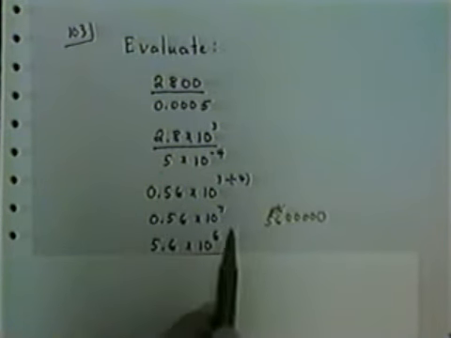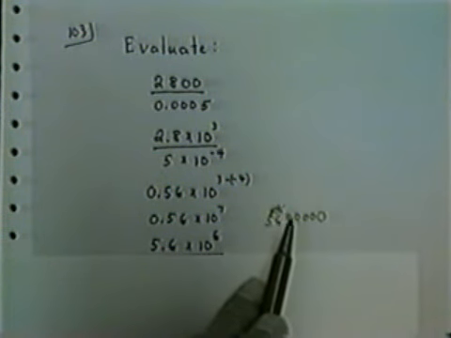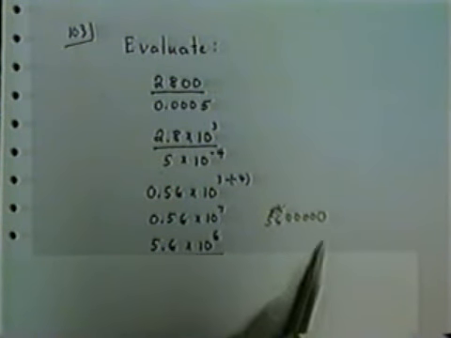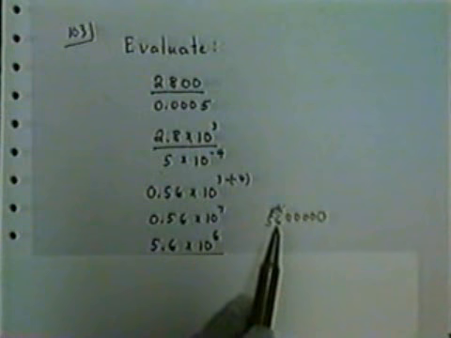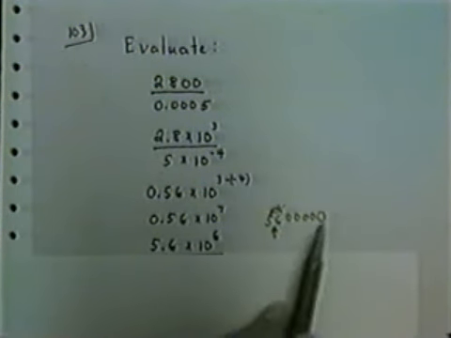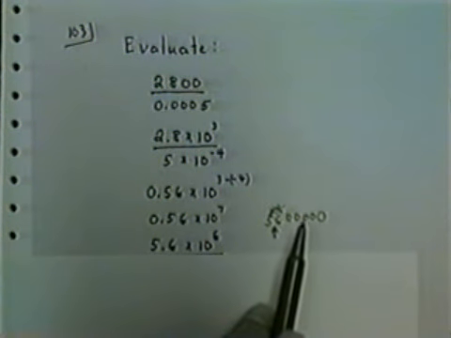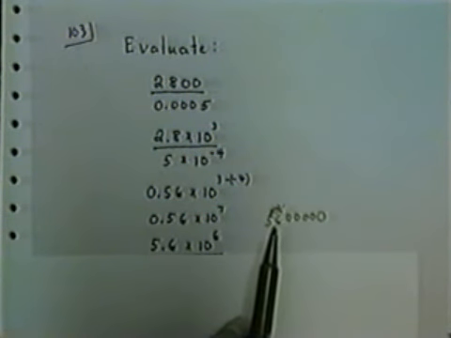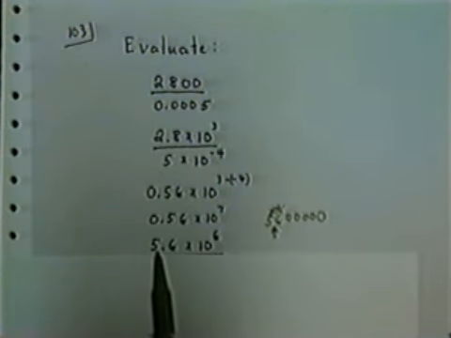So I've moved it 1, 2, 3, 4, 5, 6, 7 places. Now to get it in scientific notation, I need to move the decimal back to there, so I'd have to move it back 1, 2, 3, 4, 5, 6 places. So in scientific notation, it's 5.6 times 10 to the 6th.